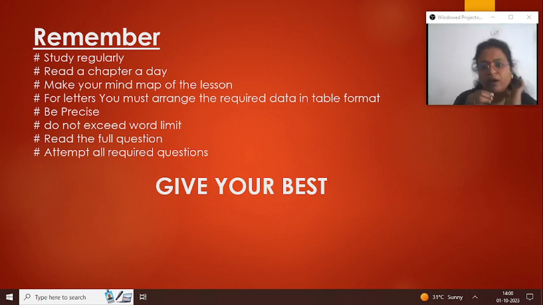Again, I'm telling you, the whole question paper is to be read thoroughly, fully, with a peaceful mind. Attempt all required questions. Question number 6, 1 to attempt. Question number 7, 1 to attempt. Don't attempt 2 from question number 6 and leave question number 7. Right? Read the instructions very thoroughly and give your best.